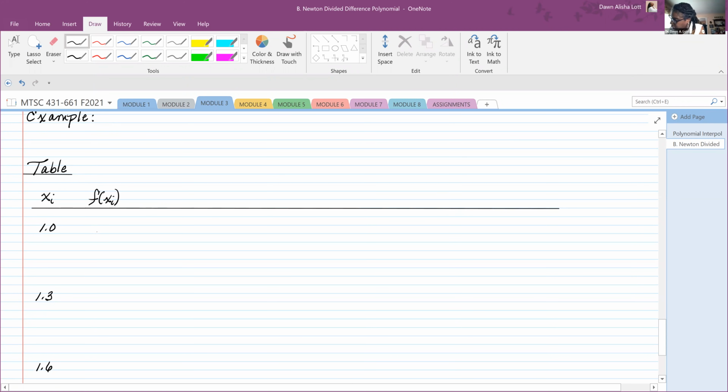The first F value is 0.7651977. The next one is 0.6200860.